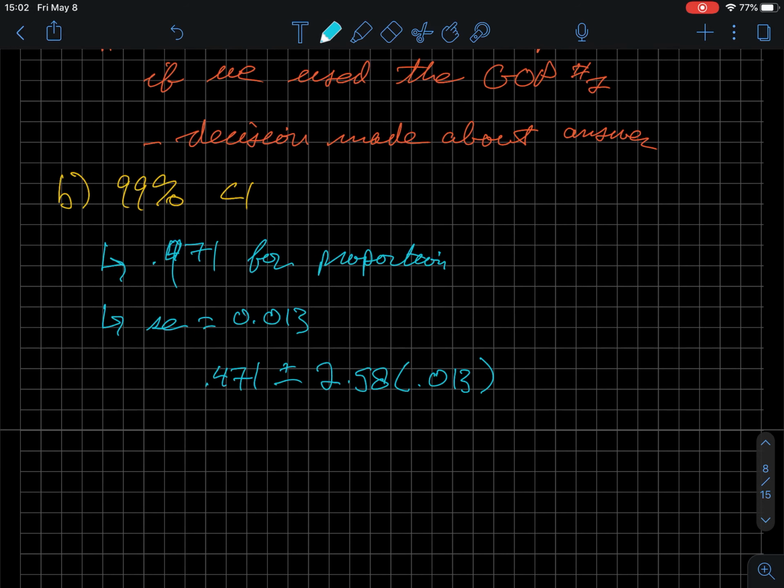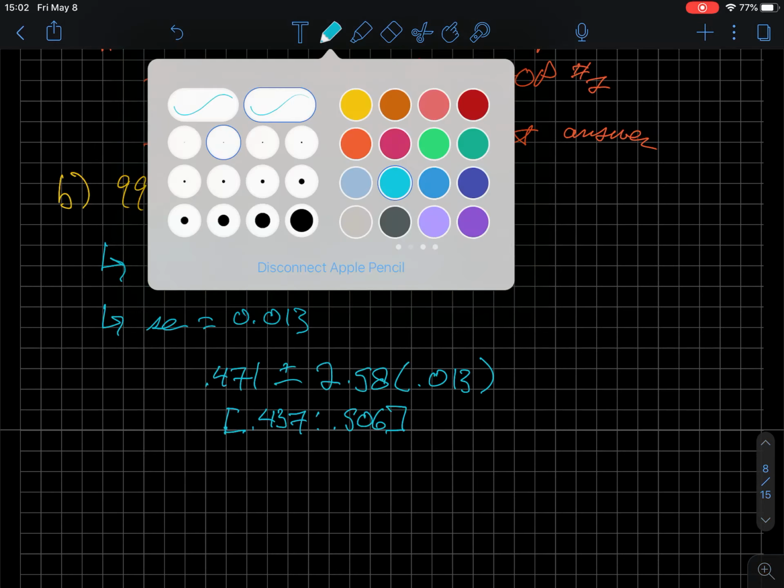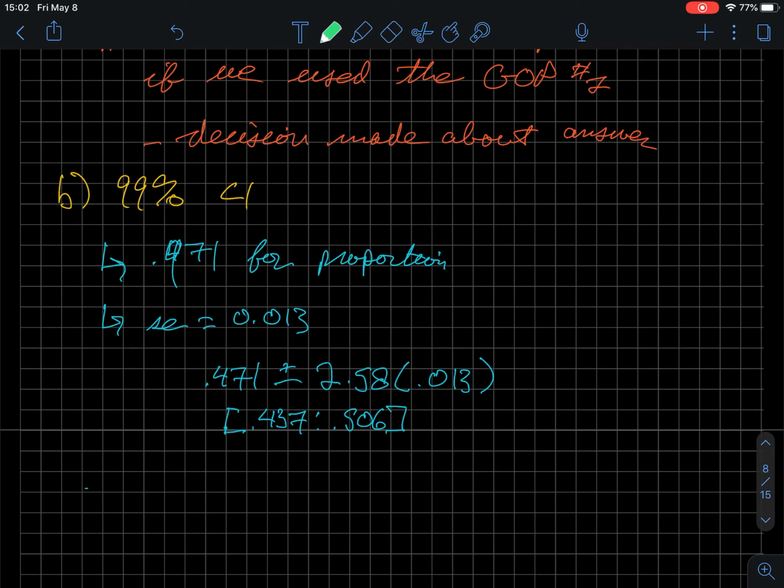We would see that our interval comes out to 0.437 to 0.506. And so our decision would change here. With the 99% interval, this is too close to call.